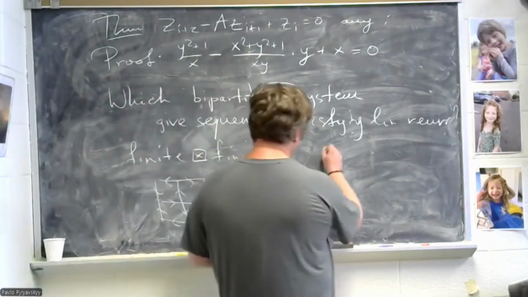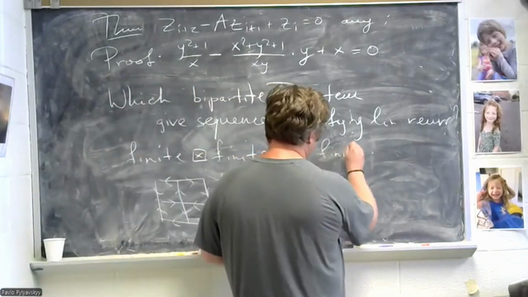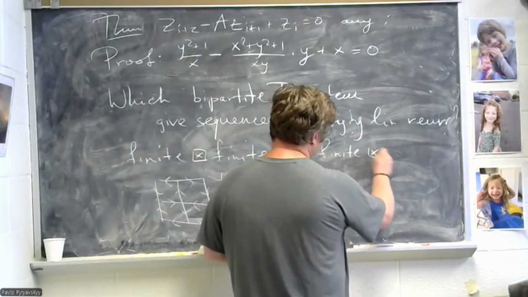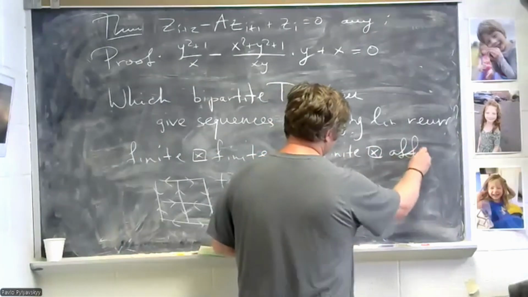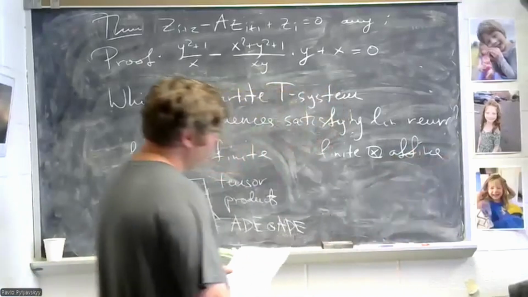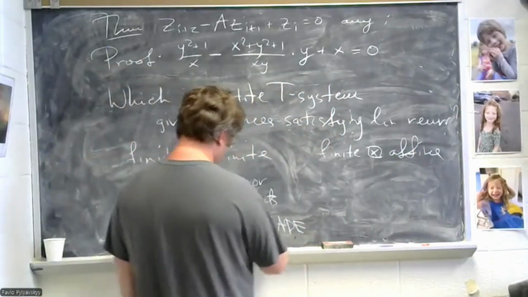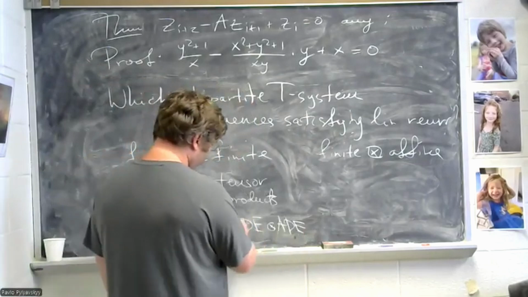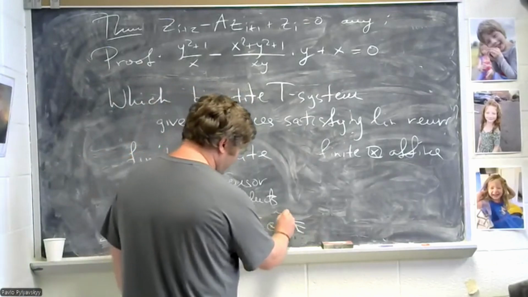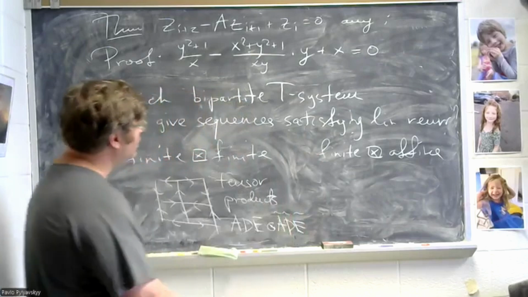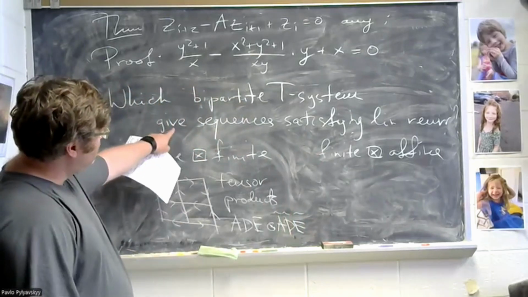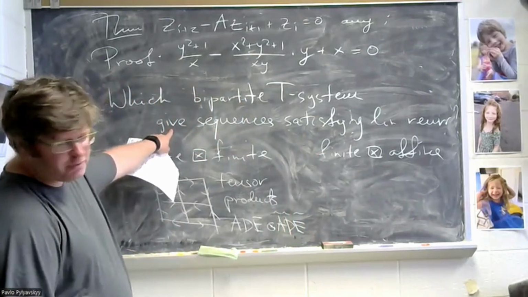But actually, what you need to do is take finite tensor affine. So if you take a tensor product of finite linking diagrams with affine linking diagrams, conjecturally it would have this property.